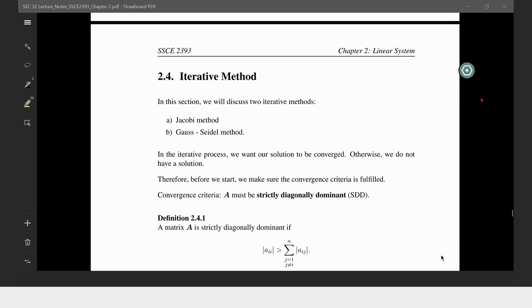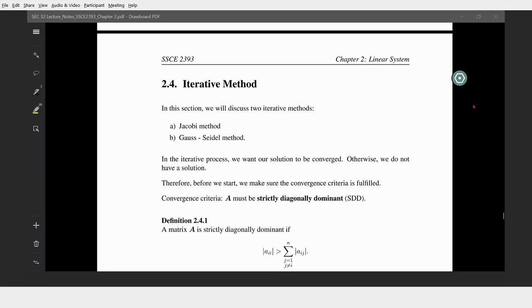When we are talking about an iterative method, first we need to have the initial guess or initial value, and we also need to have a stopping condition, because you are repeating the process. There are two possibilities for our solutions, either converge or diverge.